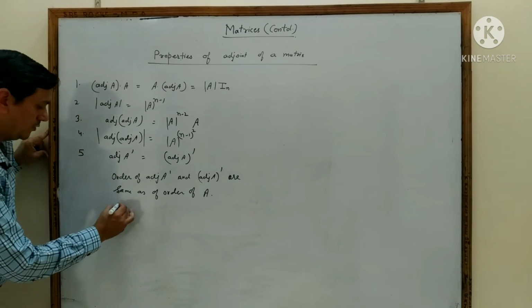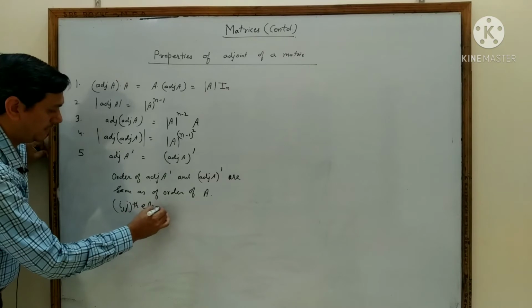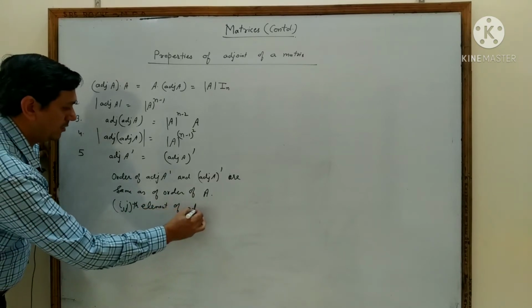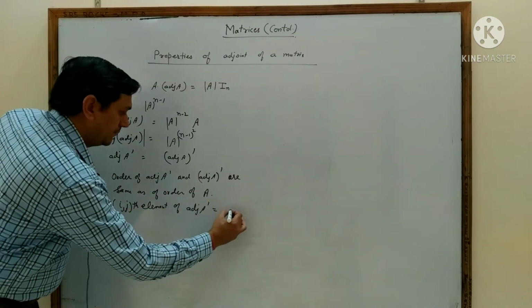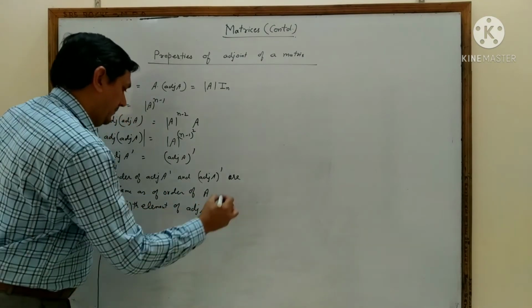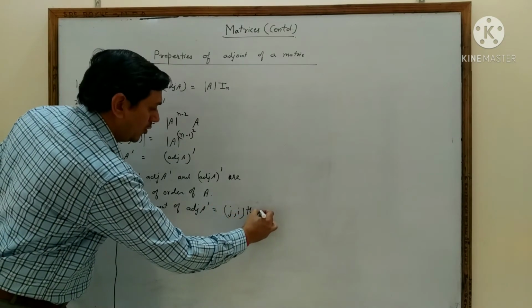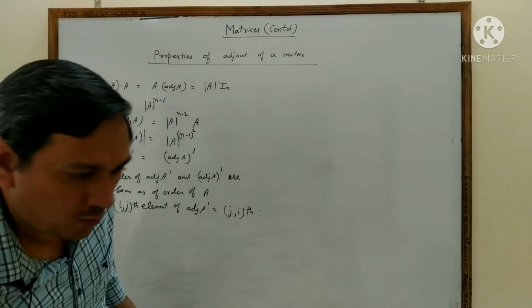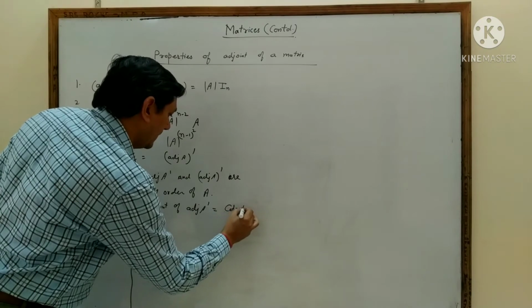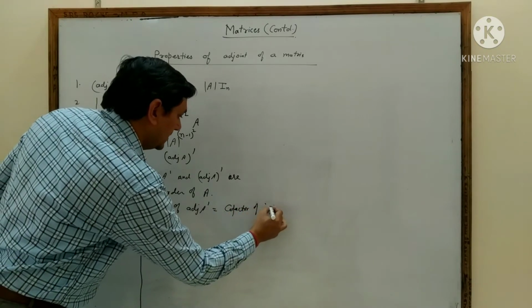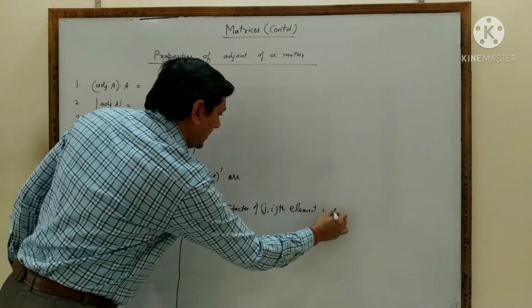Now we shall prove that the ijth element of adjoint of A dash is equal to the jith cofactor of the jith element in A dash.